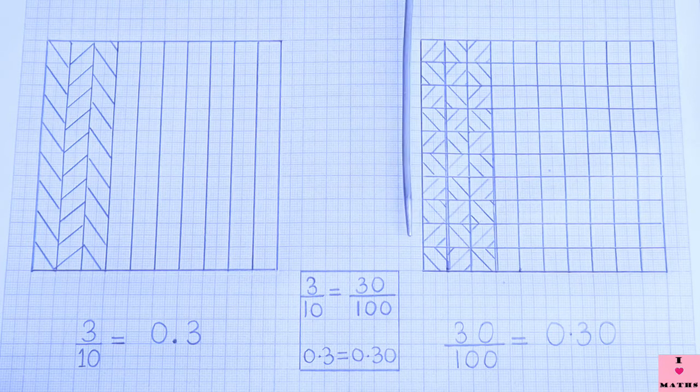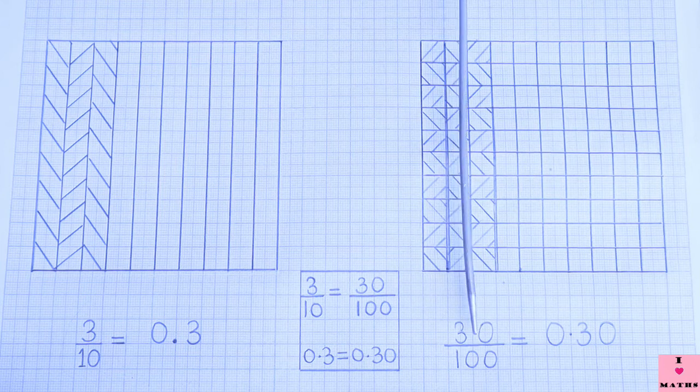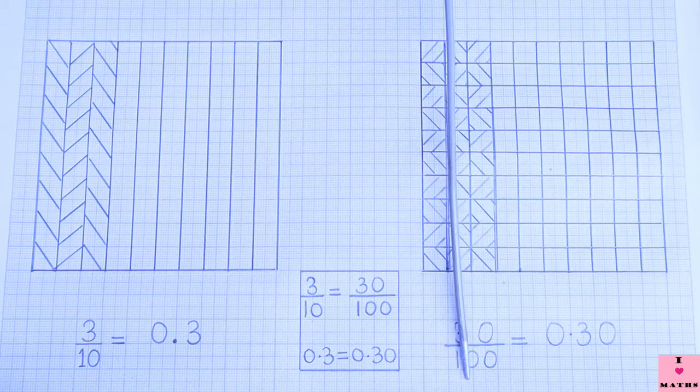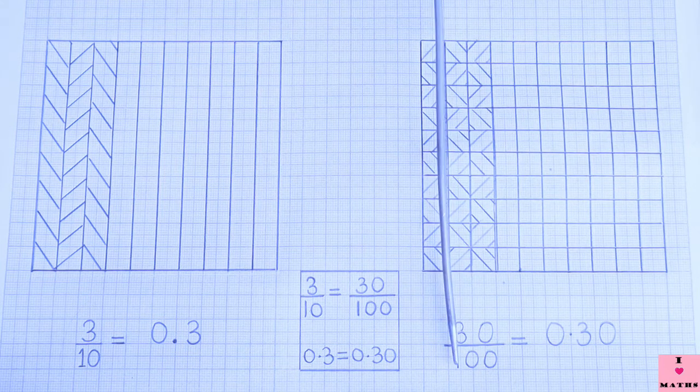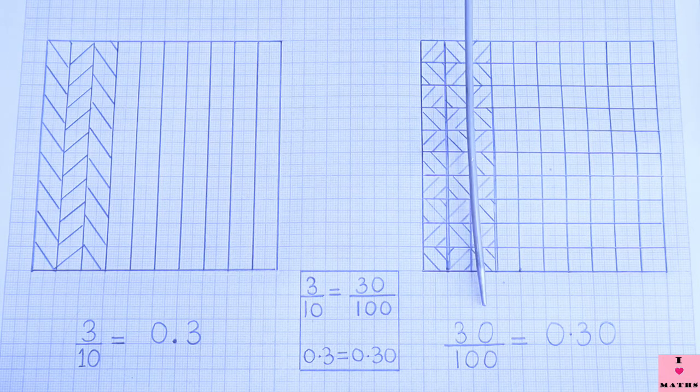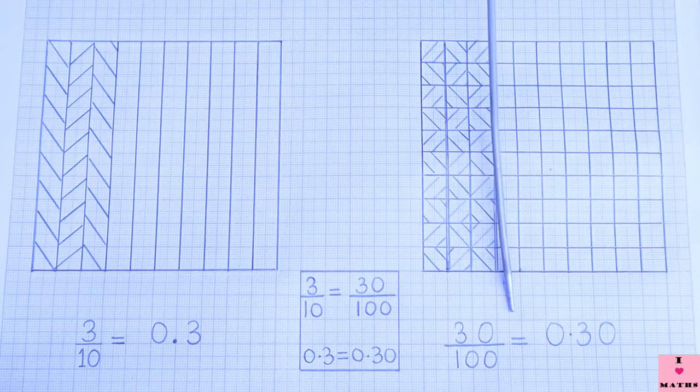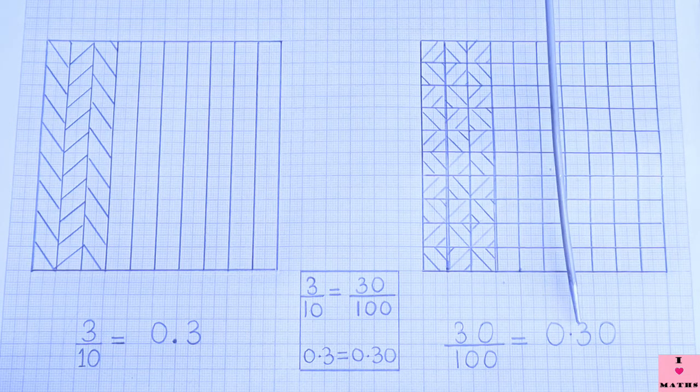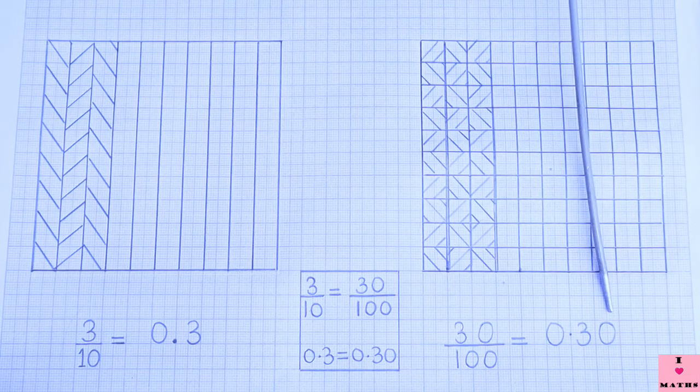So the fraction for the shaded parts is 30 upon 100, and the equivalent decimal for this is 0.30.